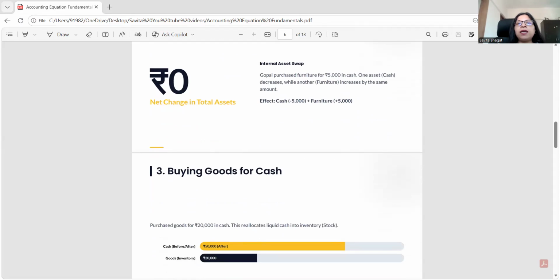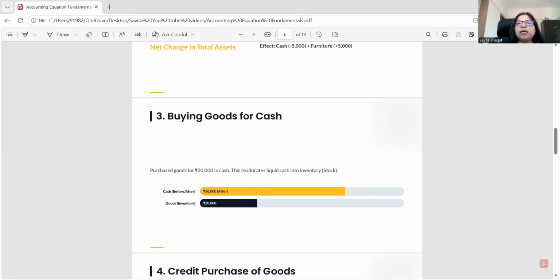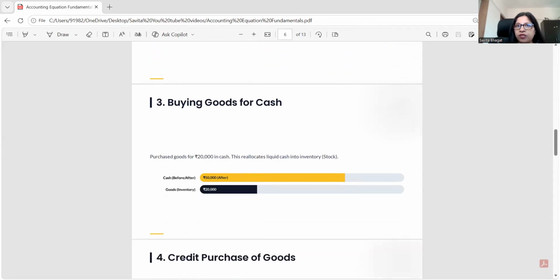Now let's come to another transaction, buying goods for cash. He has purchased goods worth 20,000 in cash. Again, this will reallocate liquid cash into inventory. So your inventory of stock would increase by 20,000 and the cash would decrease by 20,000.